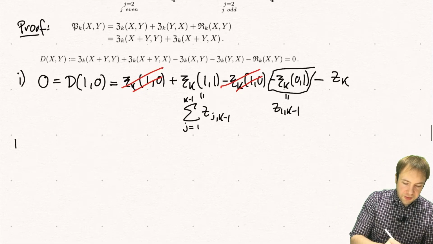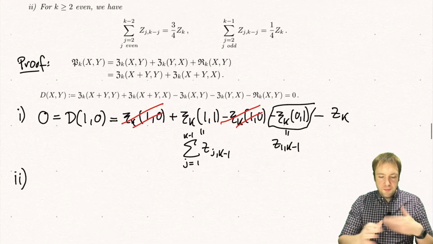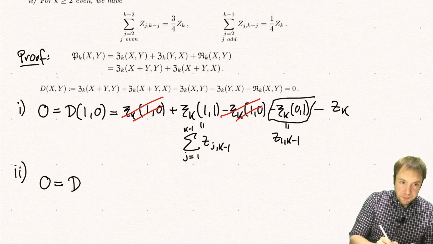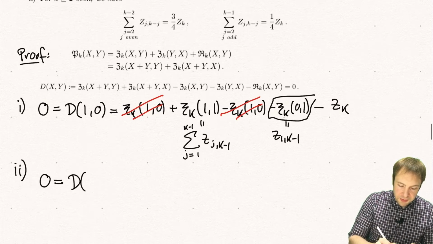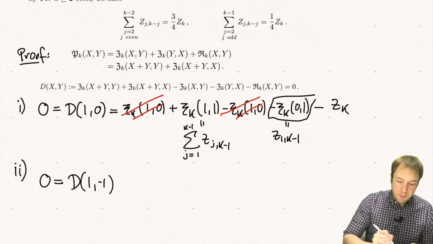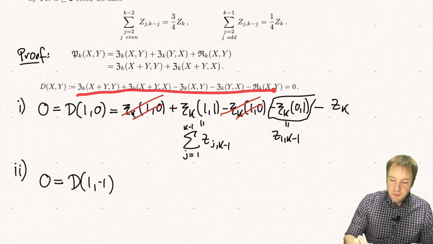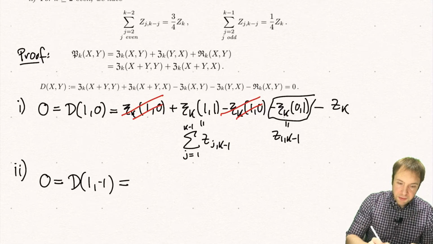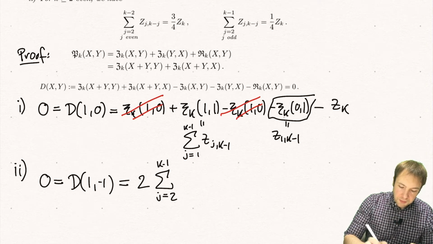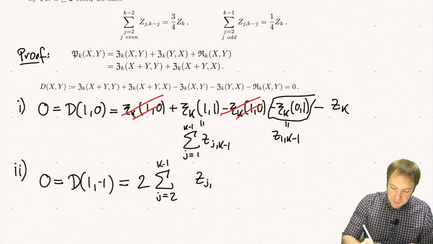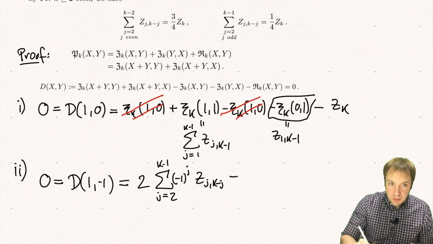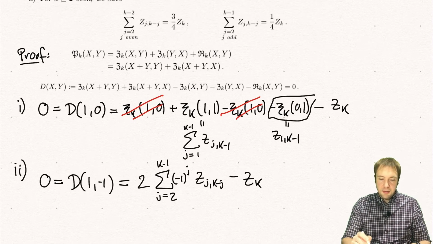And to prove the second statement, so these even and odd parts, we consider that we have zero again, d of something. For this something I can take 1 and minus 1, and then if you plug in 1 and minus 1 here and write this out, you get that this is given by the sum of these z in double z, but here I have a minus sign, minus zk.